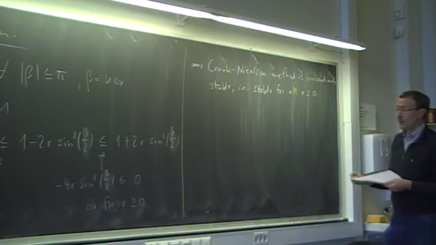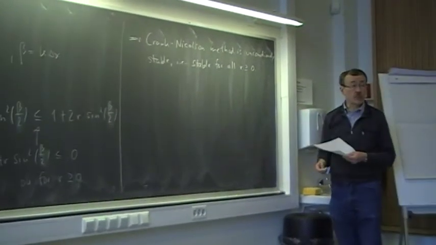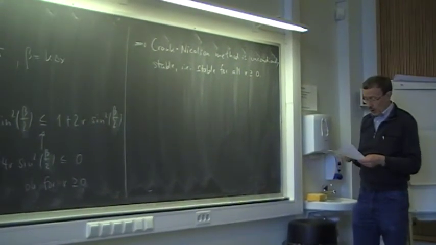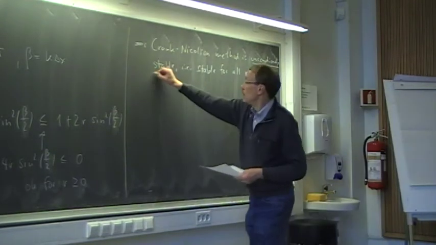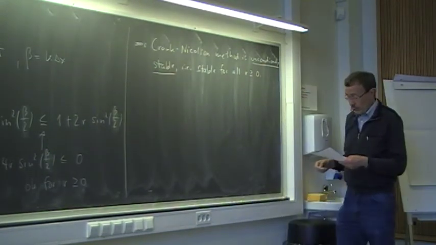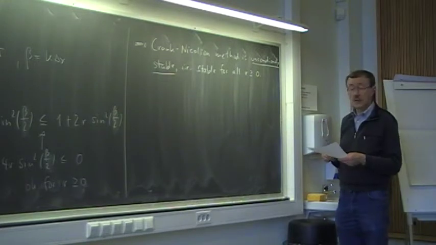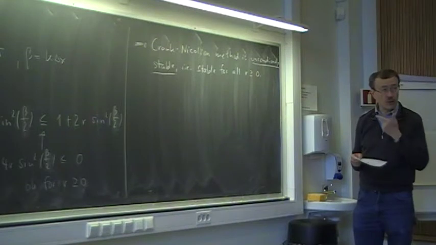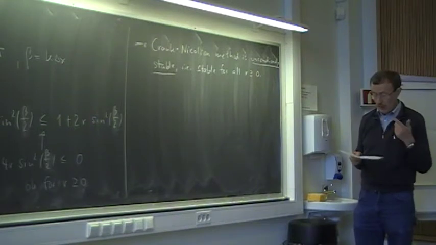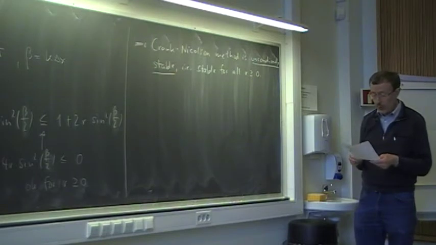So we can choose the time step as we want. But the main point is it is stable. So then we have accomplished earlier consistency, now we have accomplished stability.